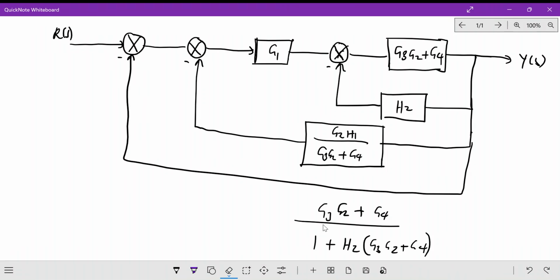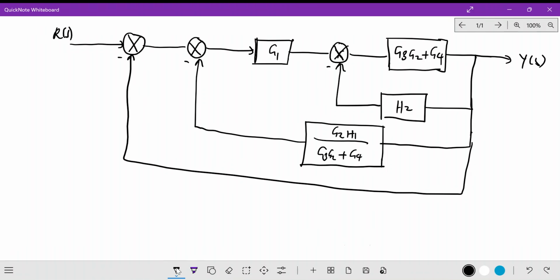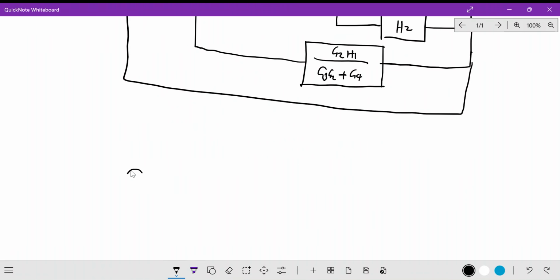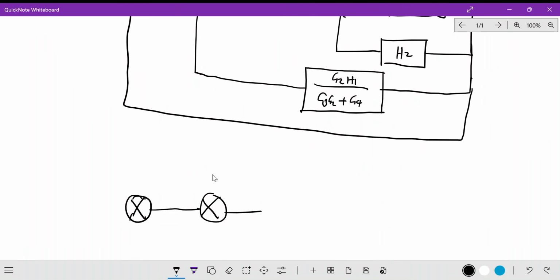Okay, so let me just rewrite this. So again, I am going to draw the summing point. Draw summing points, okay? And then here you have G1. And I say that now here, what do you have? So I'm just going to draw a big block.